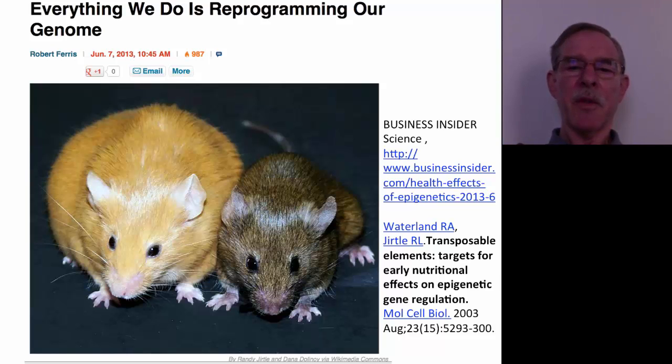And the difference between these two mice is not what happened to the mice themselves, but how their grandmothers were fed. So this is transgenerational, multi-generational transmission of a chromatin formatting difference, which leads to lack of expression in the large pale mouse on the left, or active expression in the small dark mouse on the lower right.